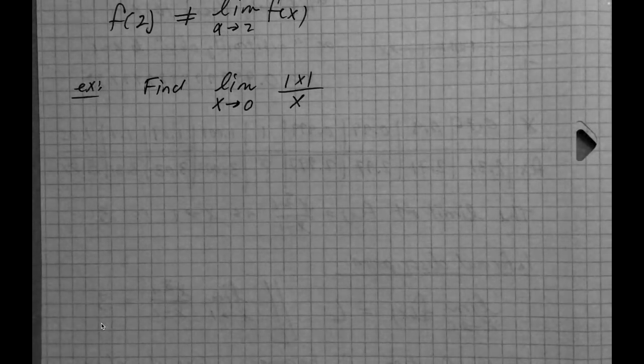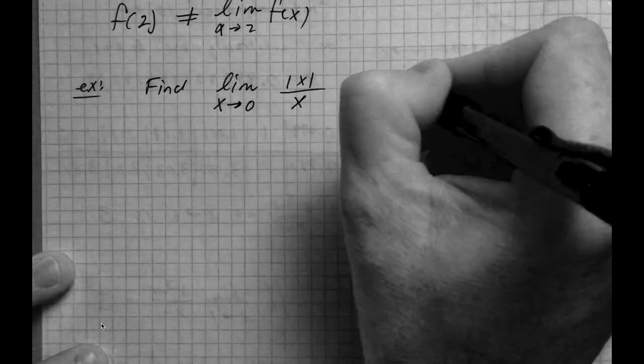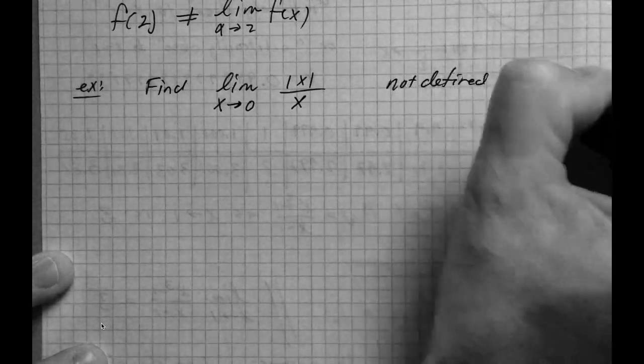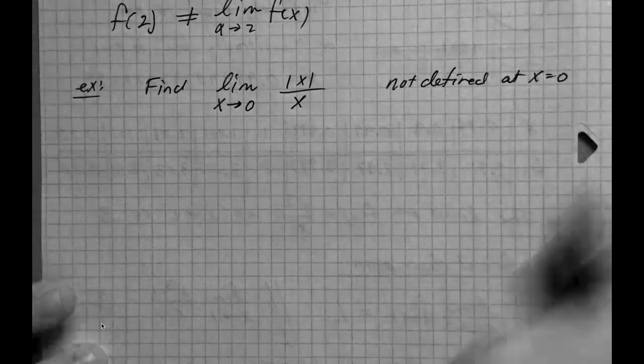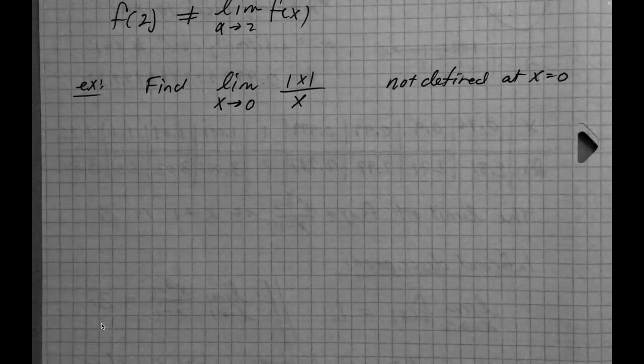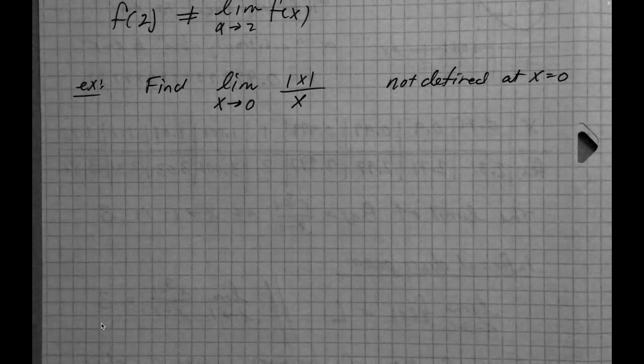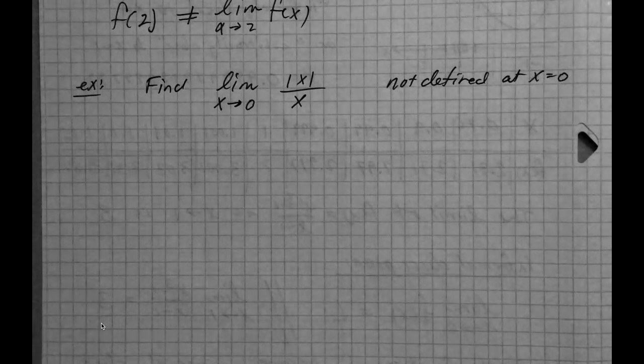Now clearly this is not defined at x equals 0. That should go without saying, but just to point that out. So we can't plug in x equals 0 because that denominator would blow up, right?